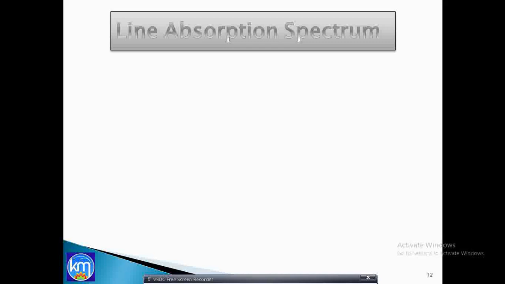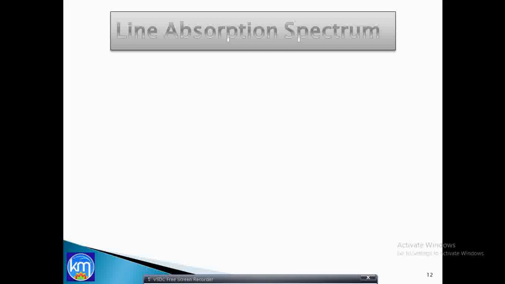In line emission spectrum, try to recall, students, there was a dark background but colored lines. Here in line absorption spectrum, you'll have a colored background and dark lines.